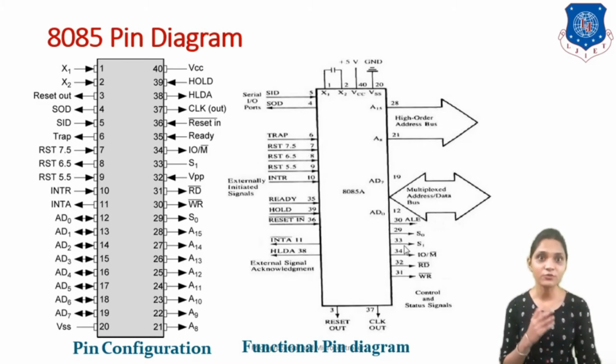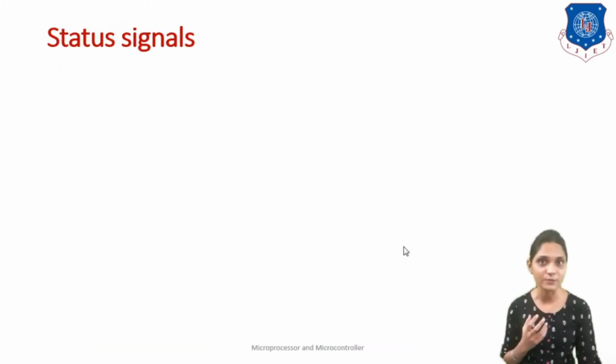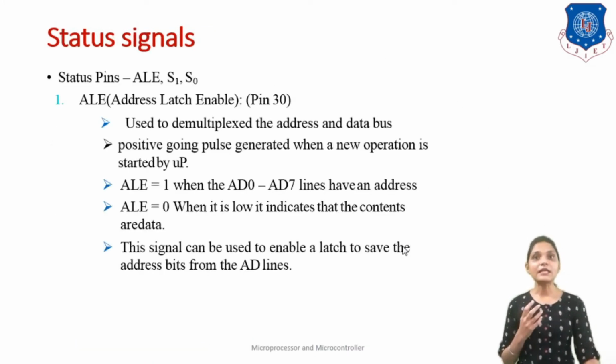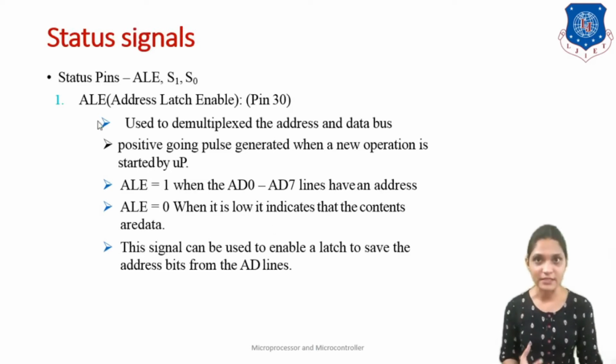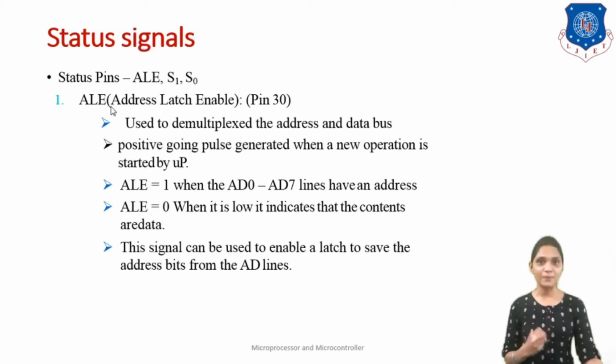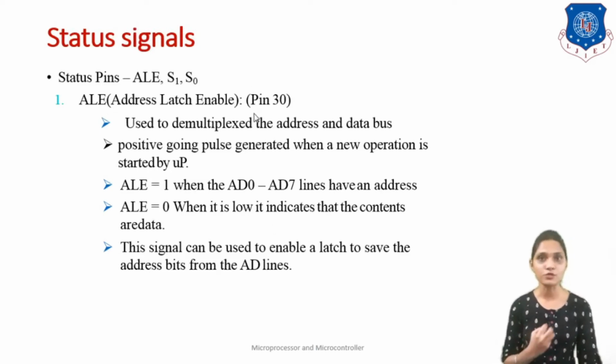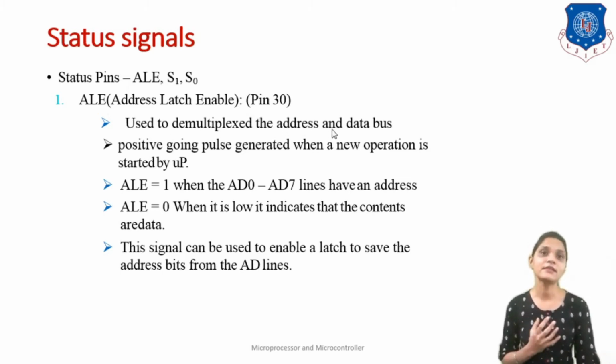Let me first see the status signals, that is ALE, S0 and S1. These pins indicate the status of the processor. Here ALE is a special pin, at pin number 30, that is used to demultiplex the address and data bus.